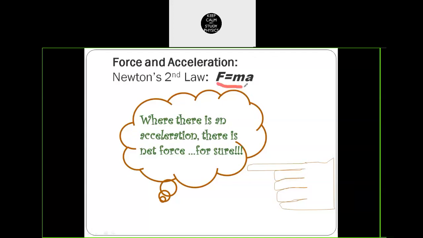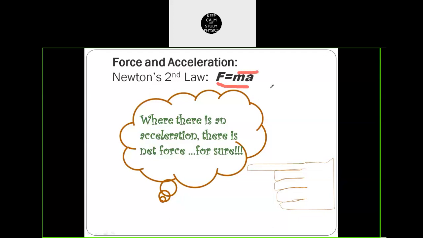F equals ma. F means force, m means mass, a means acceleration. So force is a product of mass and acceleration.